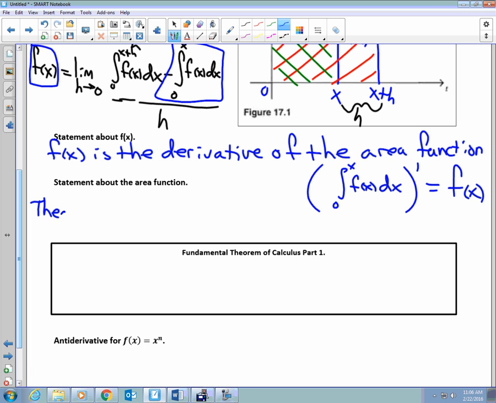The area function is an antiderivative of f of x.